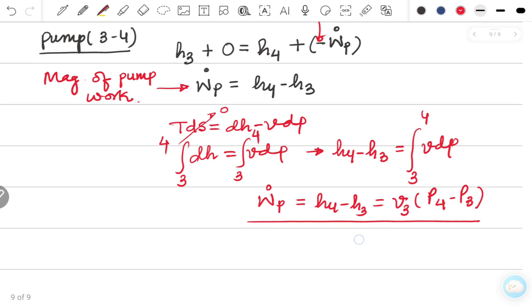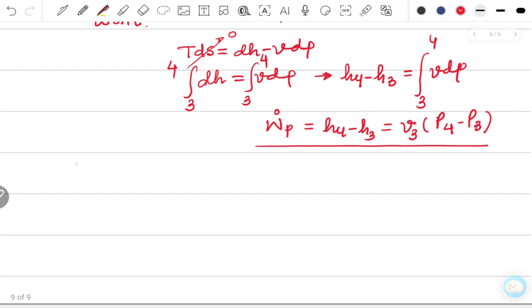Now if you are interested in finding out the efficiency, so the efficiency of this Rankine cycle will be what? Net work done over heat input, let's say. So what is the net work done? It is the work done by the turbine, that is the shaft work, minus the pump work, divided by the heat input.